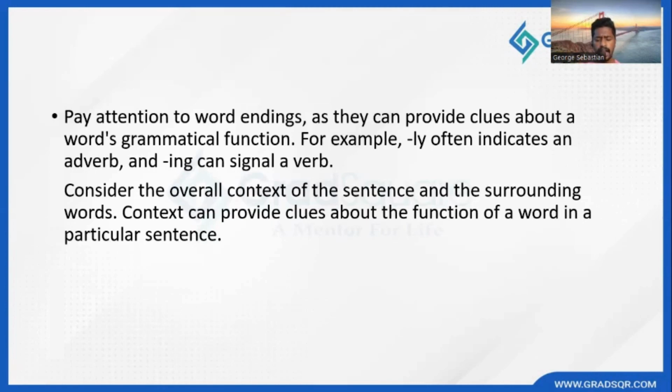Identifying these types of words, and having a clear understanding of parts of speech, will be very helpful when we are solving questions related to grammar. You can't expect very direct questions, but if you have a clear understanding of parts of speech, it will be very helpful while solving questions related to grammar.